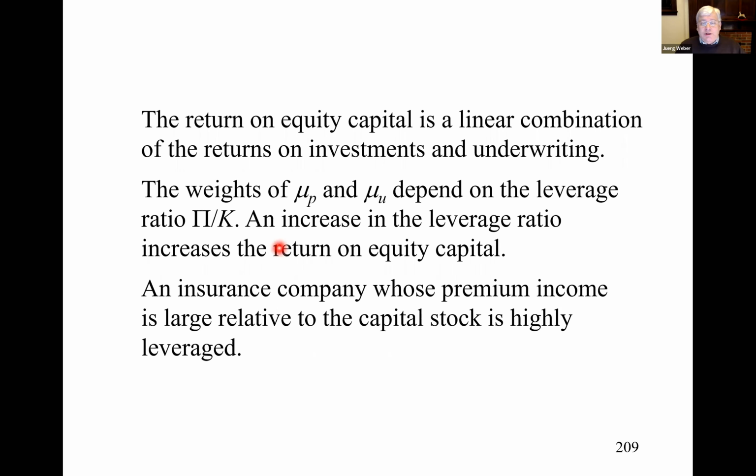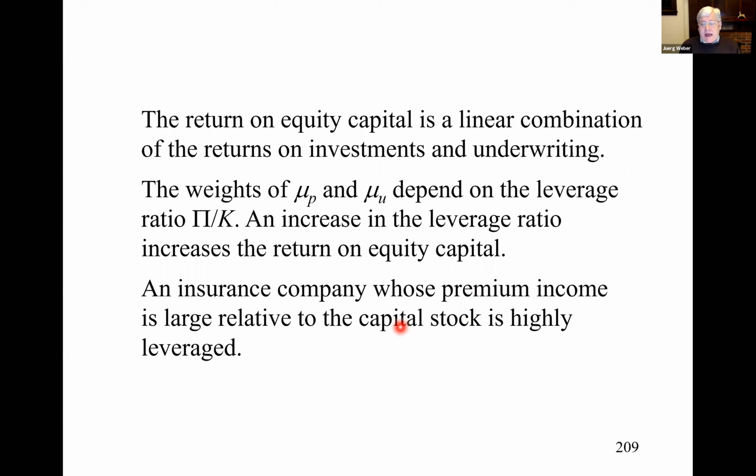Now, why do we call it a leverage ratio? You see, an insurance company whose premium income is large relative to the capital stock is highly leveraged. So in that case, the capital stock is low relative to the premium income. So the insurance company does not have a big buffer stock.